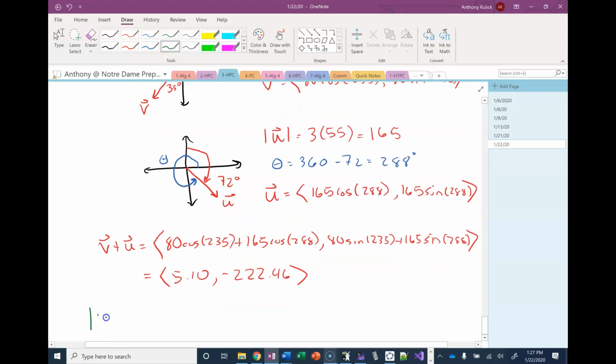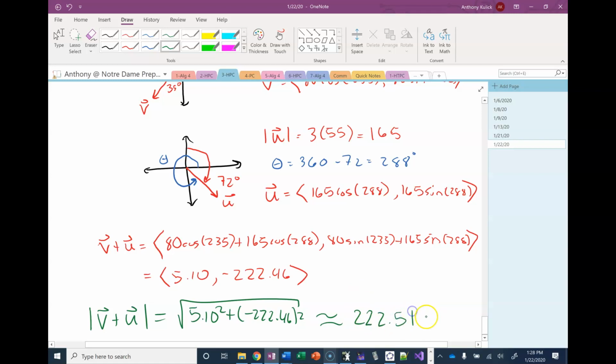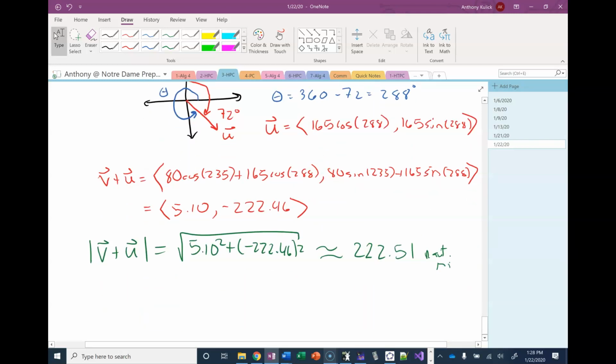Okay. So the magnitude of this, well, since I'm in component form, I can just use my magnitude formula for a vector in component form. To give me 222.51 nautical miles.